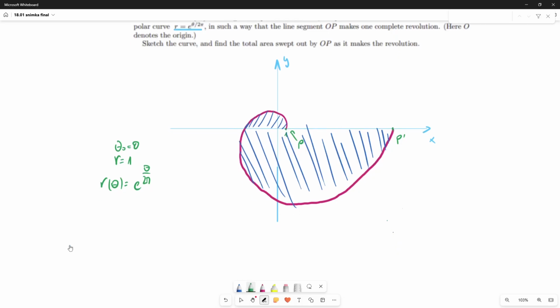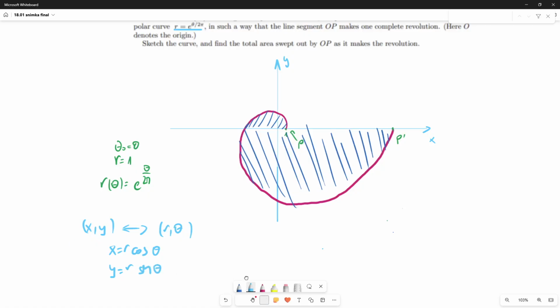But of course, first we need to transform everything that we need. So we go between the Cartesian coordinate system and the polar coordinate system. x is equal to r times cosine of theta, and y is equal to r times sine of theta.